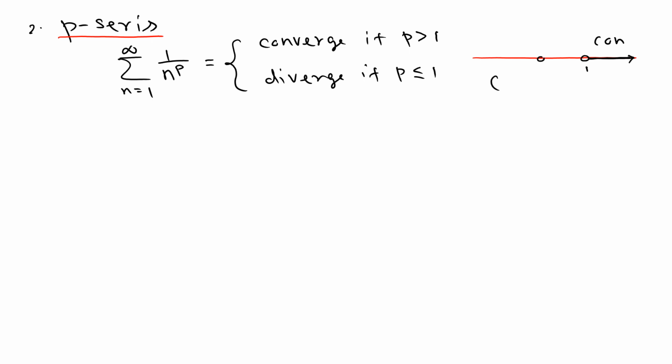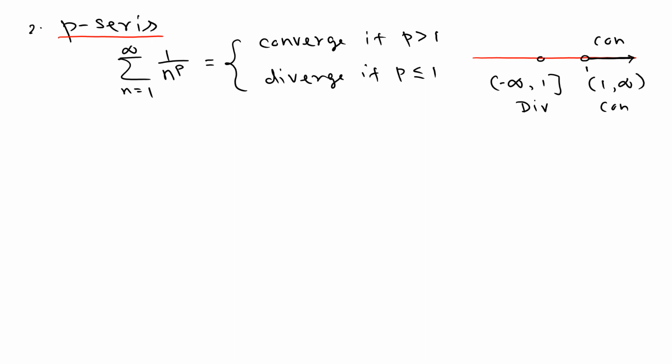So from negative infinity all the way up to 1, it's going to diverge. And from 1 to positive infinity, it's going to converge. So 1 is the point, but it has to be bigger than 1, then it's going to converge. Okay, so that's the one.